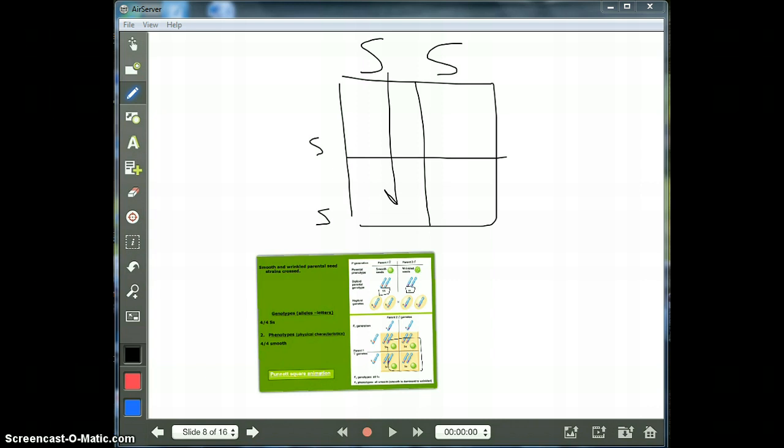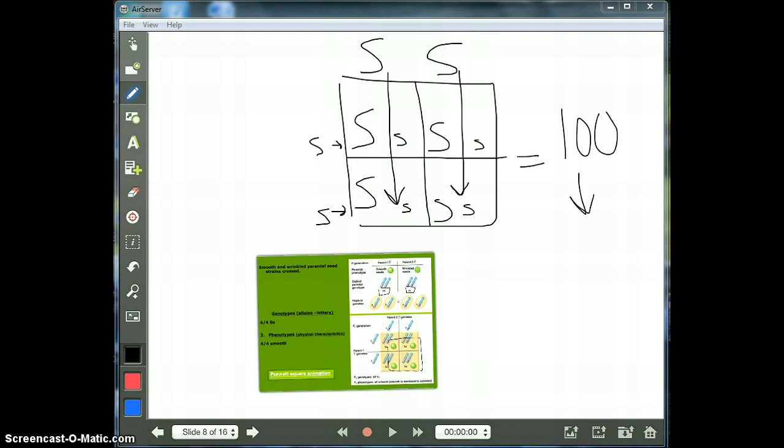You put all those big S's down, and you always start with a capital first. So we've got big S, big S, big S, big S, and then you cross it with little, little, little, little. So 100% of the time, you're going to get this letter combination.